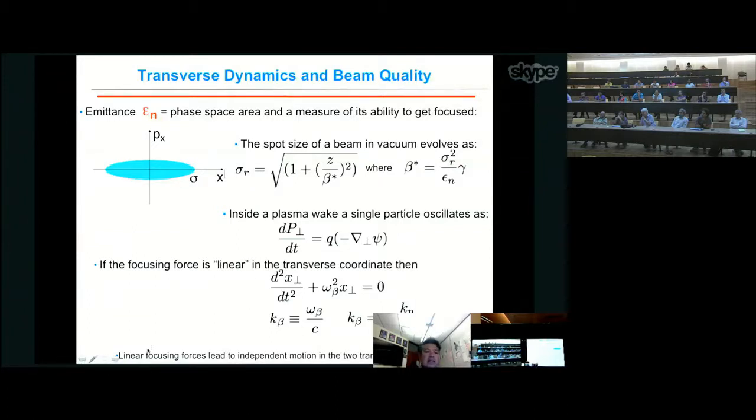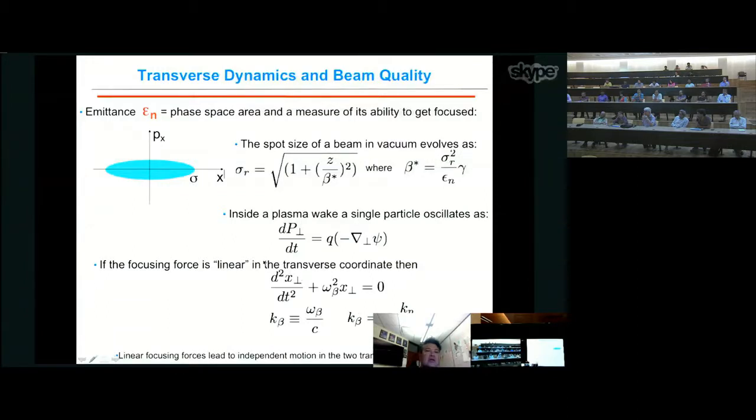Now, I don't know whether it's obvious, but it's sort of not discussed why linear forces are really important. For a linear focusing force, the motion in the two transverse planes is independent.